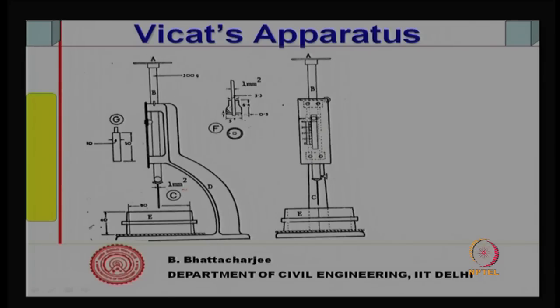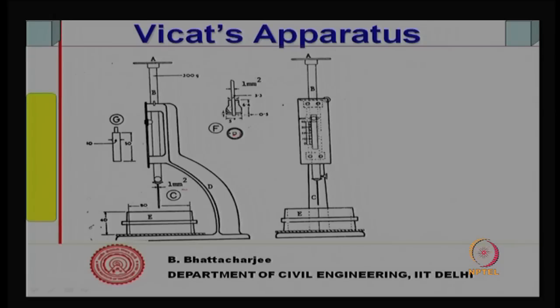The dimensions are given. So, it can make an impression onto the paste like this, the center point, the needle will make an impression like this, and outside the plunger boundary will make an impression like this. And this is a 1 millimeter square needle. This is a needle 10 mm square.